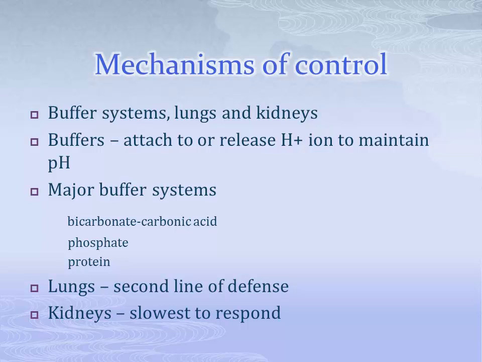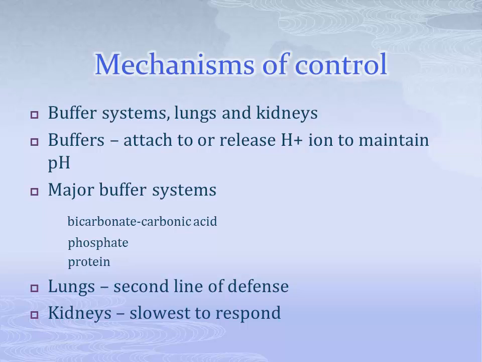So when we have acidosis, remember, we're trying to get rid of that carbon dioxide because we're trying to get rid of that carbonic acid. What's the best way that we get rid of carbon dioxide? We get rid of it by exhaling.